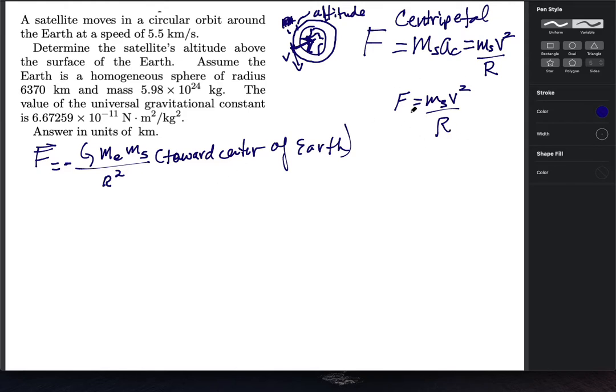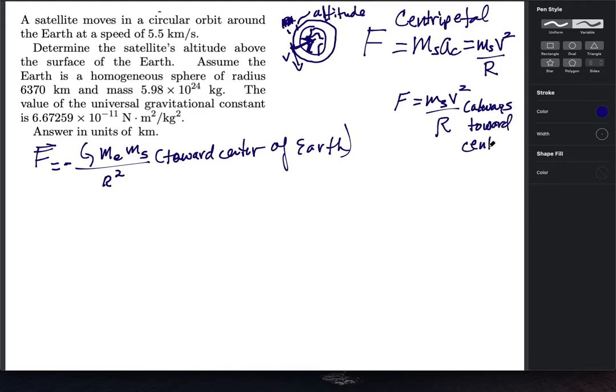Well, let's actually take the two forces and set them equal to each other. This one says anything moving in a circle is m v squared over r. This one says that anything that has mass is being pulled on by this amount, and the negative is the direction, by the way. The only reason I put the negative in there is to tell you that it's down. This m v squared over r is also always towards the center.